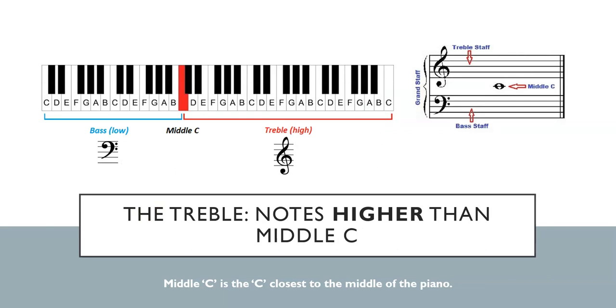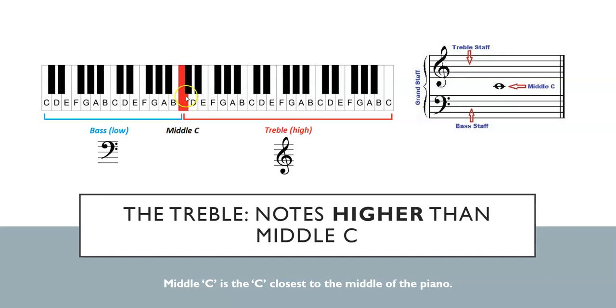Rightio. So we need to start thinking about, because the piano is very, very big, we need to divide the piano into two parts. We need to divide it into a low part and a high part. We do that very simply by finding the C closest to the middle of the piano, and that's about here.